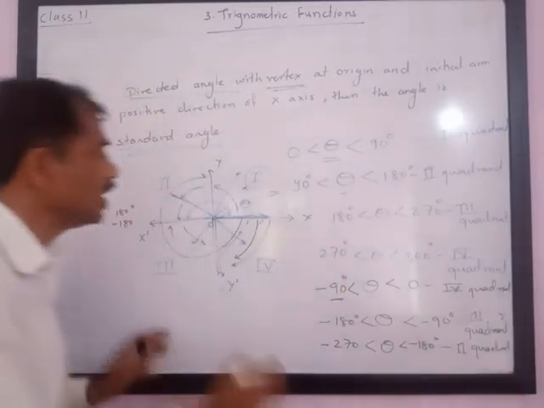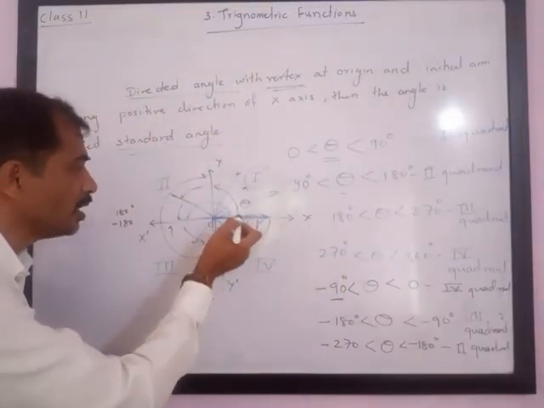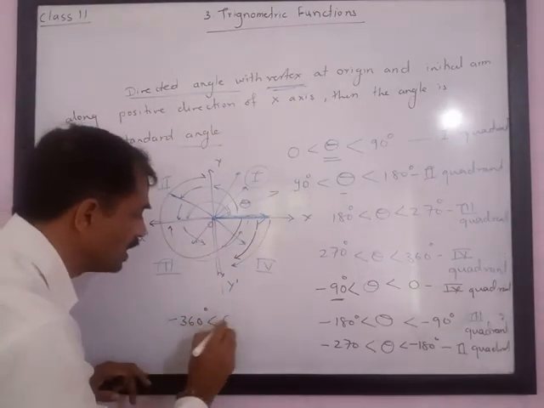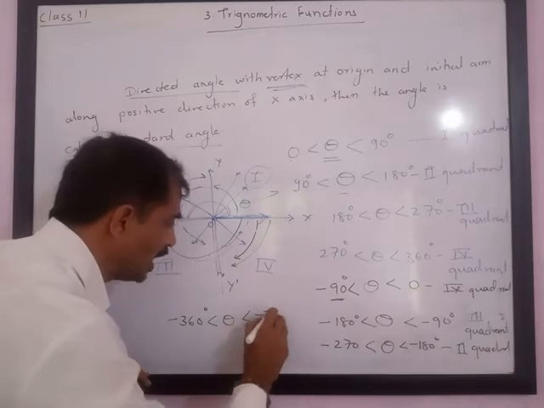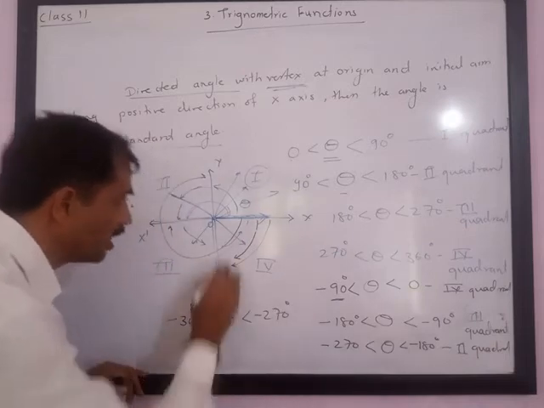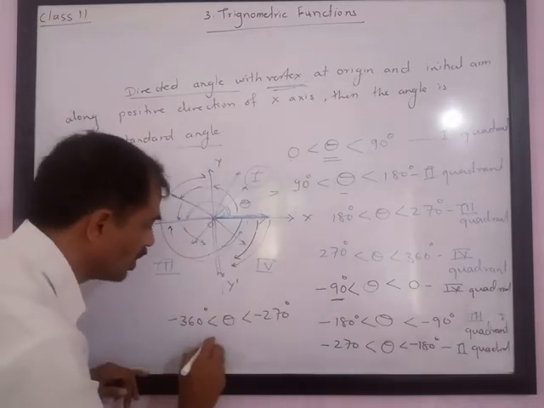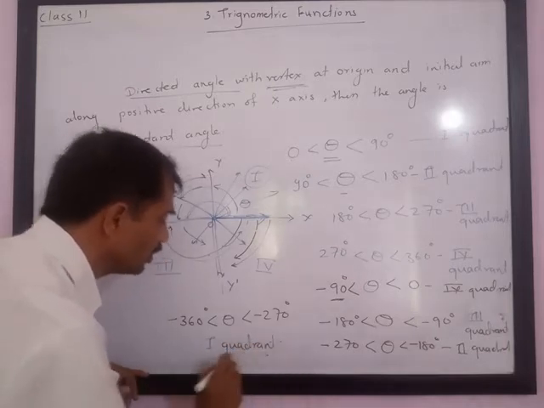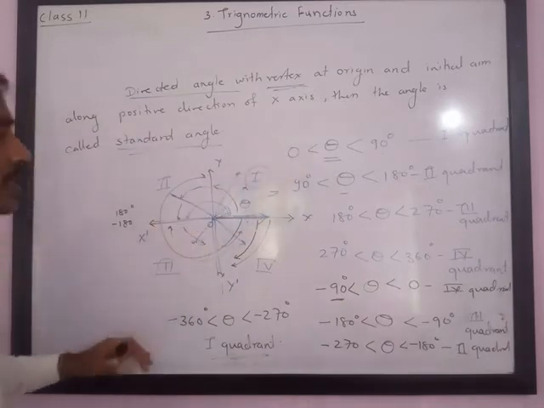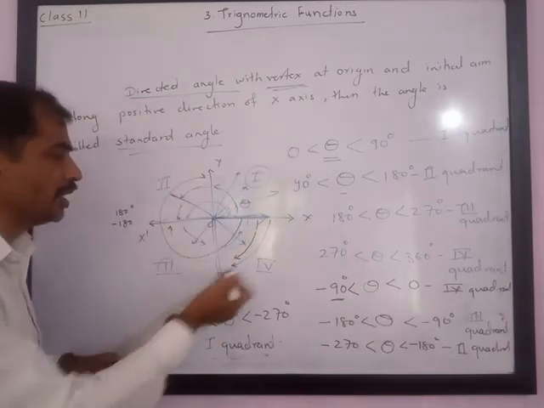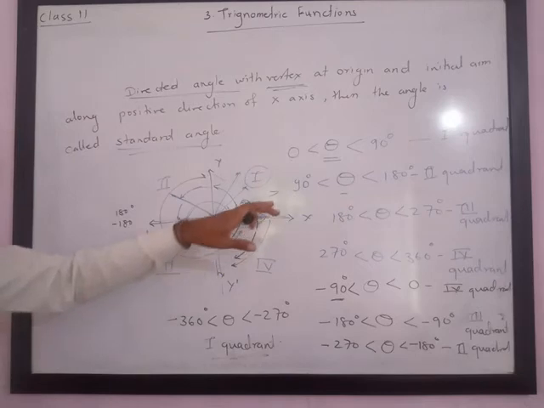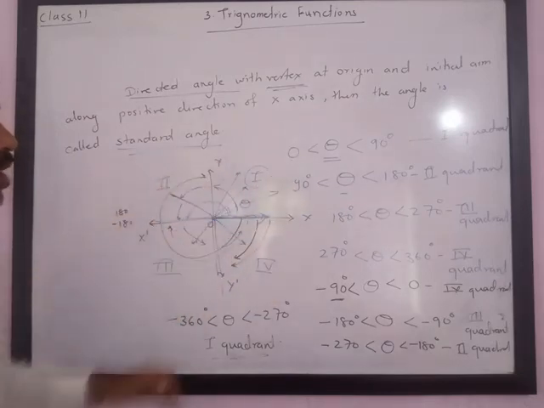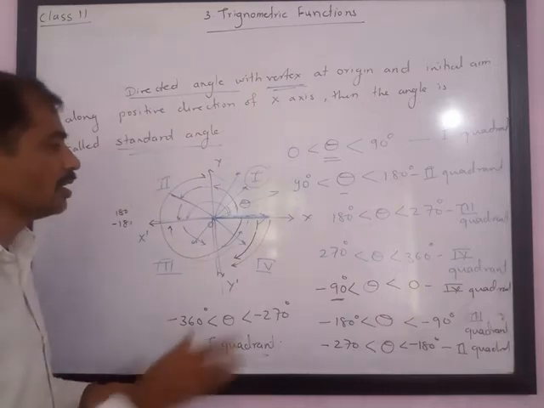And lastly, if it is greater than negative 360 but less than negative 270 degrees, then the terminal arm lies in the first quadrant. Please note, if it is rotated in anti-clockwise direction, we consider the measure positive. If it is rotated in clockwise direction, we consider the measure negative.